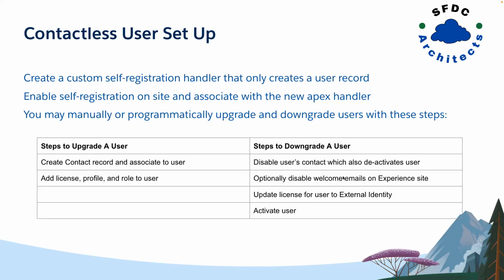So if the welcome emails are still enabled, they would get a welcome email again when they get reactivated. All of this can be done through code, and you can see it's multiple steps. You do have to fully deactivate the user first before you can go back and update the license and reactivate the user as a downgraded user.